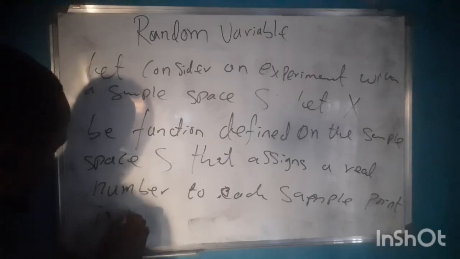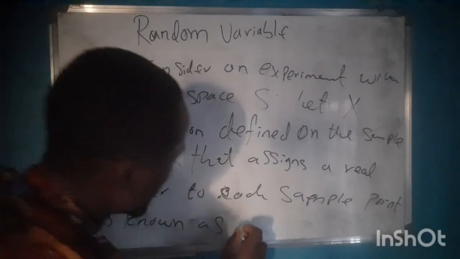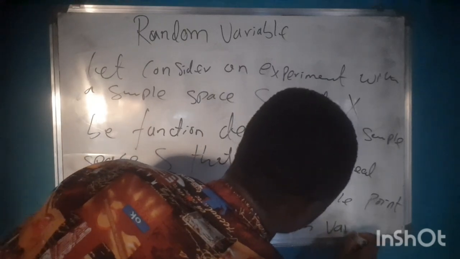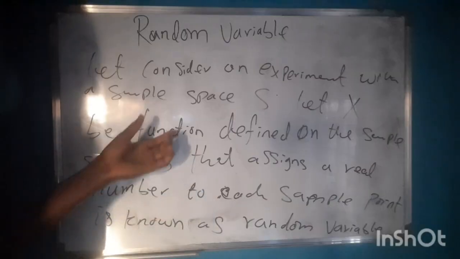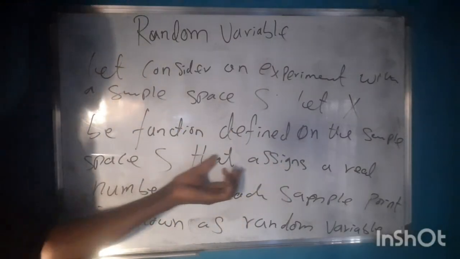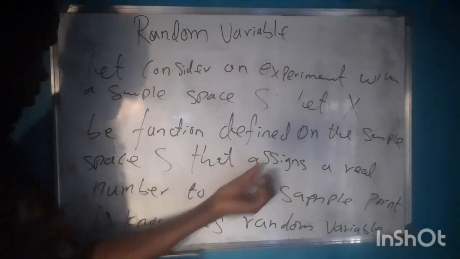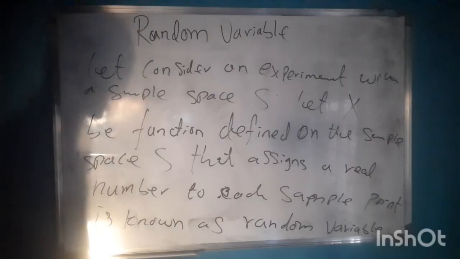X is known as a random variable. That is to say, a random variable is a function defined on a sample space that assigns a real number to each sample point in an experiment.